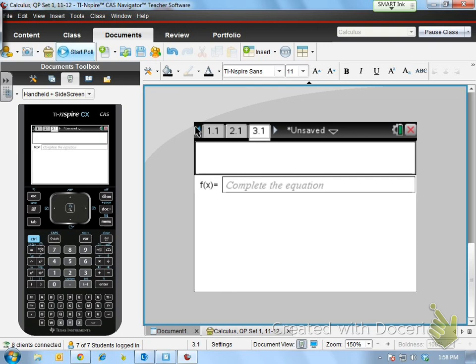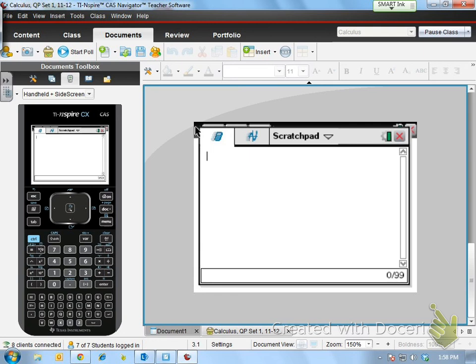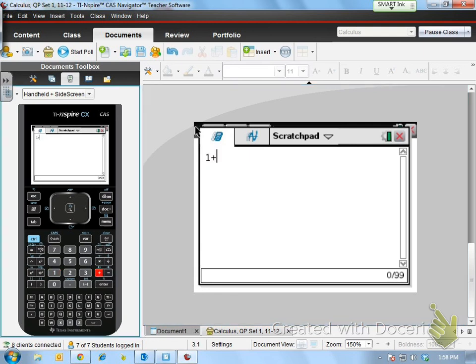Didn't want it simplified. So we could do 1 plus 3 divided by 8 times 2 raised to the 4/3, minus 15/16, I think I got it wrong. 16/15.